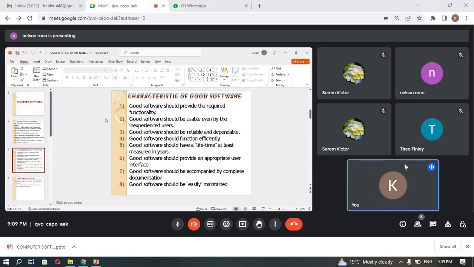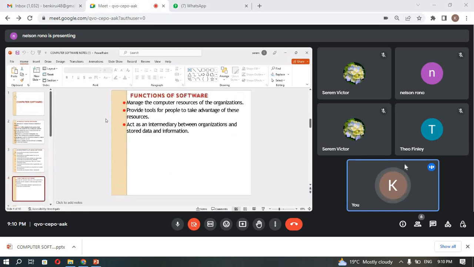And a good software should have a lifetime at least measured in years. A good software should provide an appropriate user interface. Good software should be accompanied by complete documentation and also should be easily maintained. Those are the characteristics which you can look for when you are purchasing software.